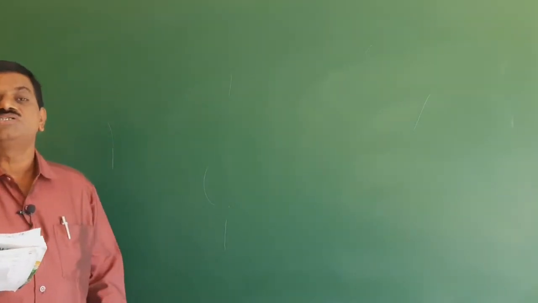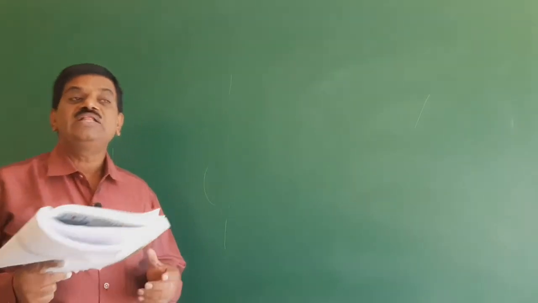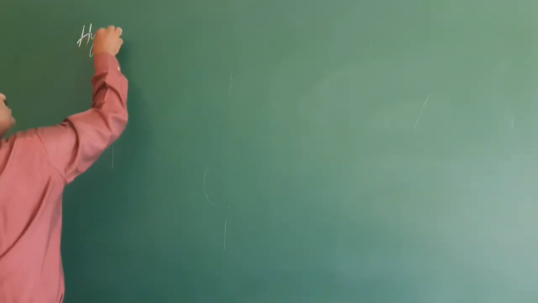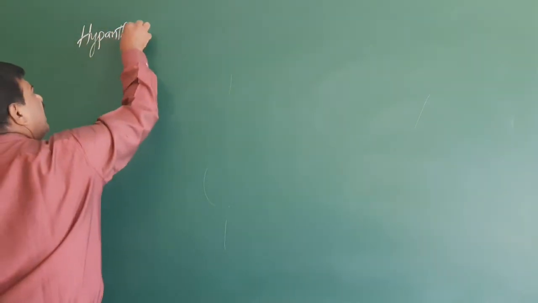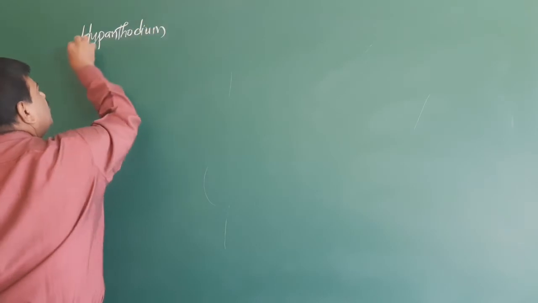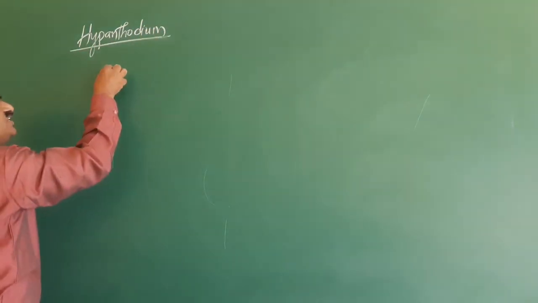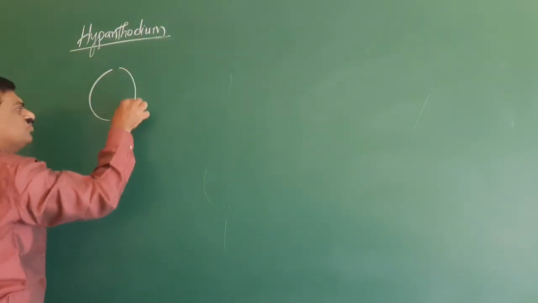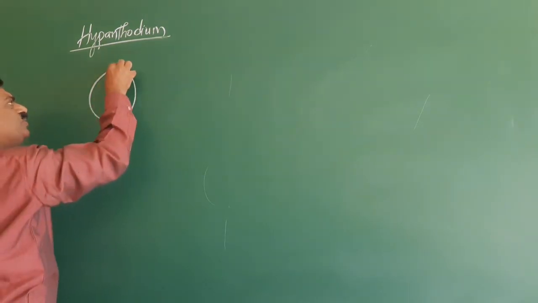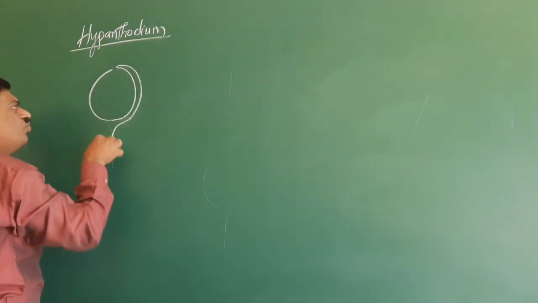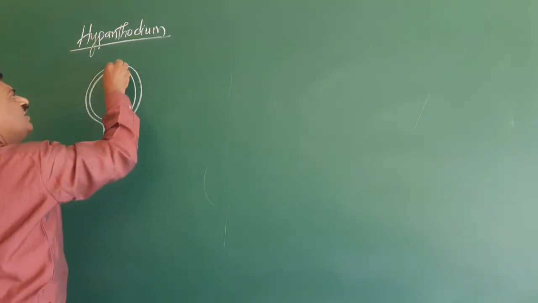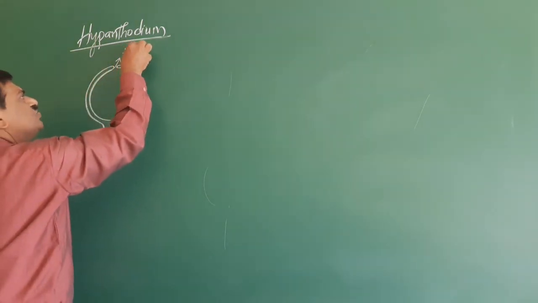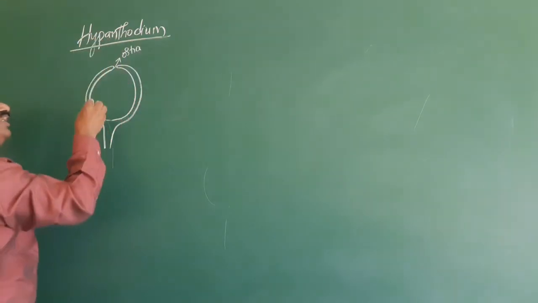Hypanthodium inflorescence is found in. It is a special type of inflorescence called hypanthodium. In a hypanthodium inflorescence, we can see three types of flowers present. There is a small opening, and this opening is called ostiole.